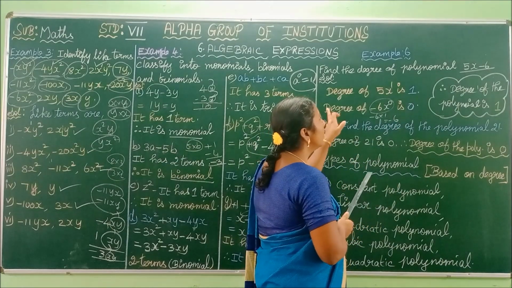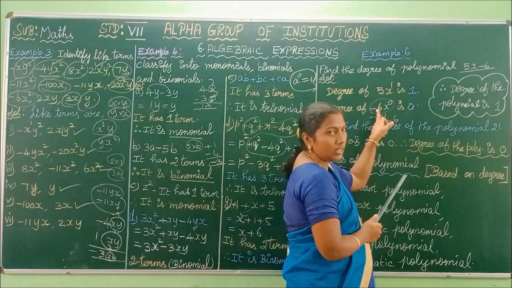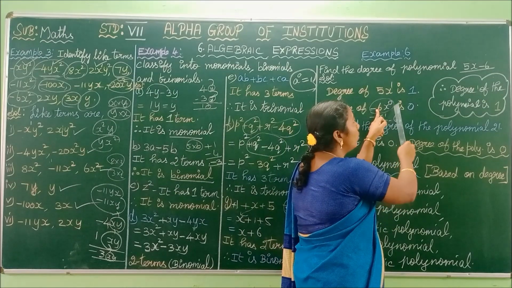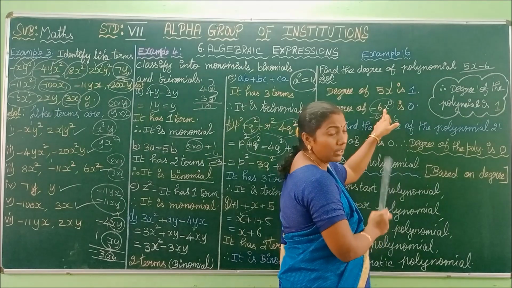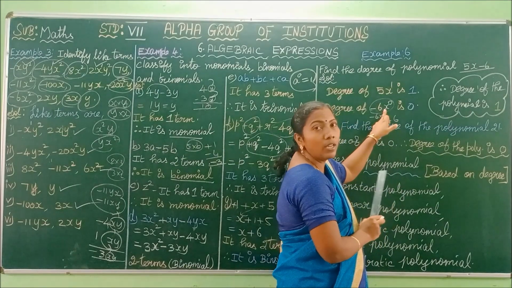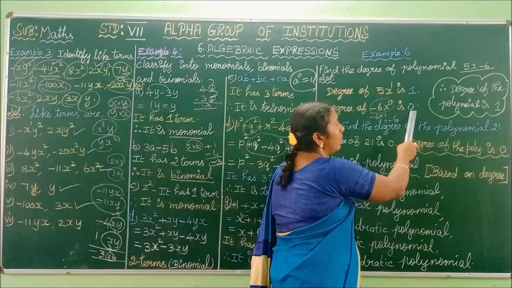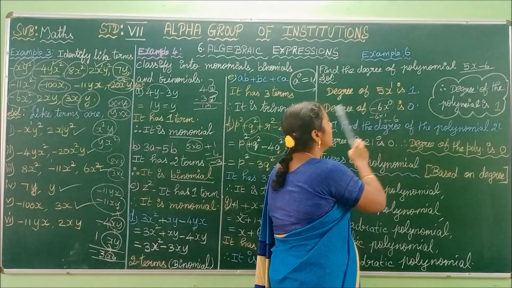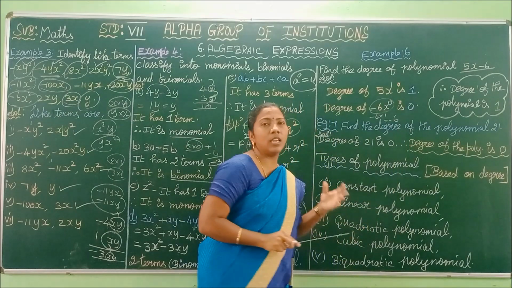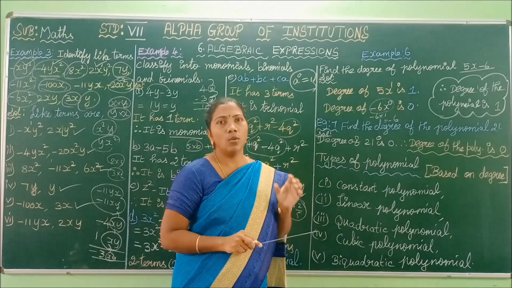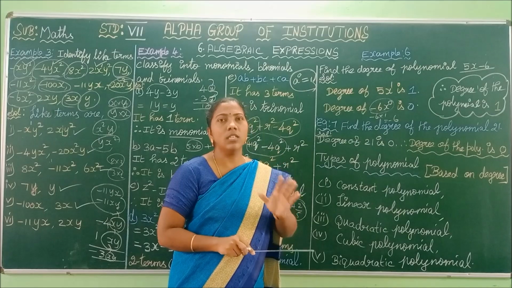So we can say the degree of this minus 6 is, you have to check what is the power of the variable. Here we have the variable x with power 0. So here we have to write the degree as 0. Thus the degree of minus 6 is 0. Hereafter, if any constant comes, you have to write the degree of that constant as 0.